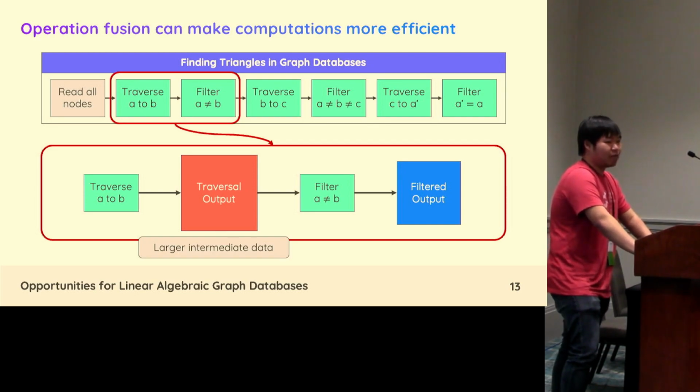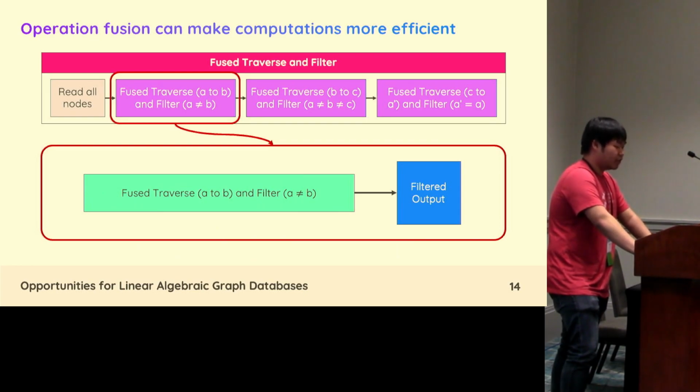So the traversal output here tends to create larger intermediate data than the filtered output, which is going to cost us more space. Moreover, if we separate the traverse and filter stages from each other, we need to first fully materialize the traversal output, in which case we can lose an opportunity to utilize localities in the filter stage.